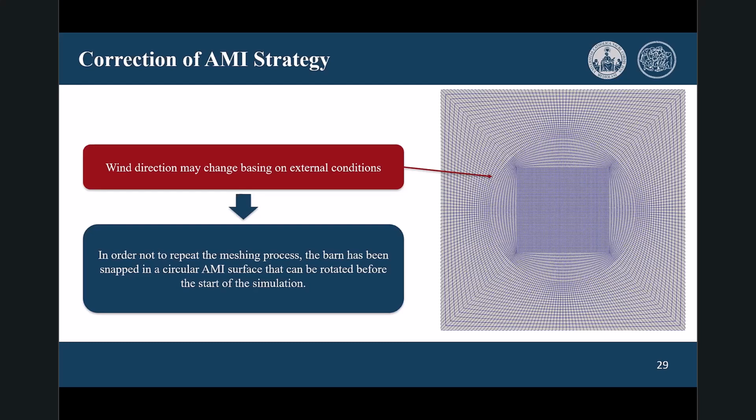To be honest, the region of Piacenza, where the barn is, is not windy at all. The average wind velocity is around 1 meter per second, so we do not expect to have lots of problems related to wind. In any case, for other applications, for example a barn placed somewhere else, it will be important, and it's something that we have considered. In addition, we have also considered the presence of some side buildings nearby.